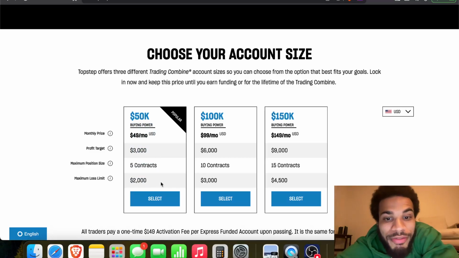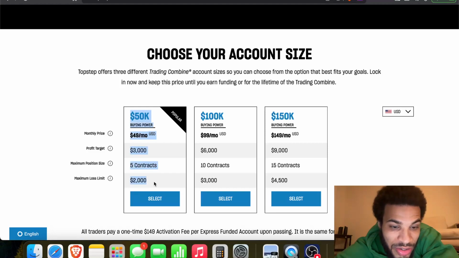Now, the way the prop firm works is you pay for the account. You have one phase that you have to pass before they give you a live account. They're going to give you a demo $50,000 account starting out first, and it's a test to see if you can make the total profit goal right here, which is $3,000.